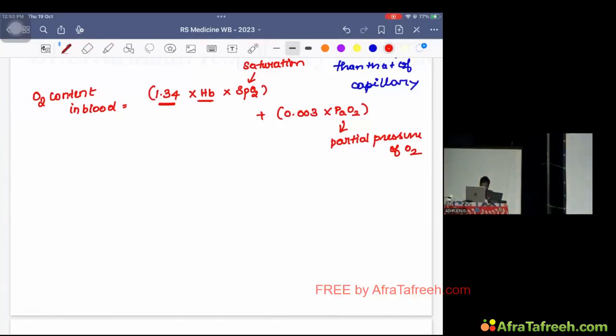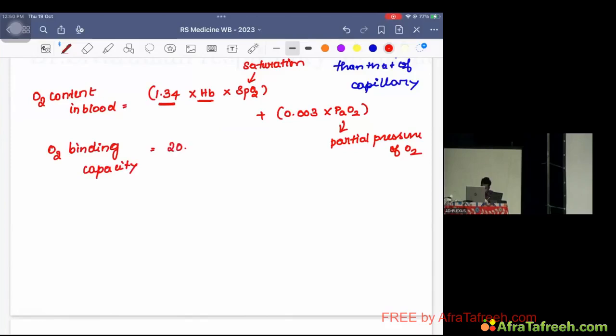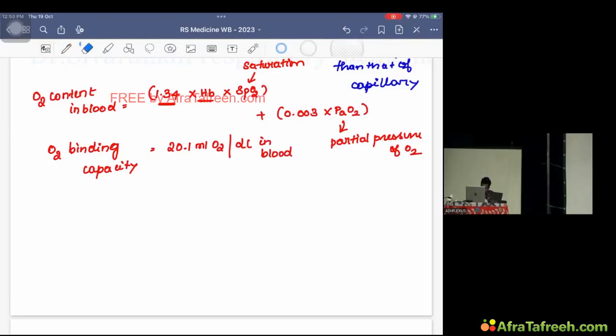The oxygen binding capacity is equal to 20.1 ml of oxygen per deciliter of blood. So per deciliter of blood will bind with 20 ml of oxygen, on average around 20 ml.